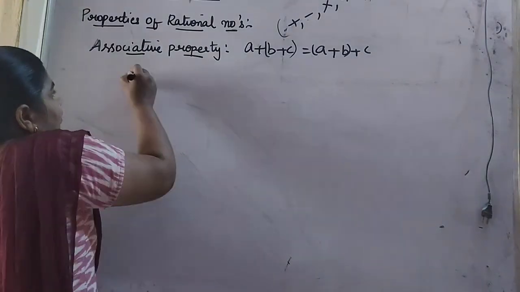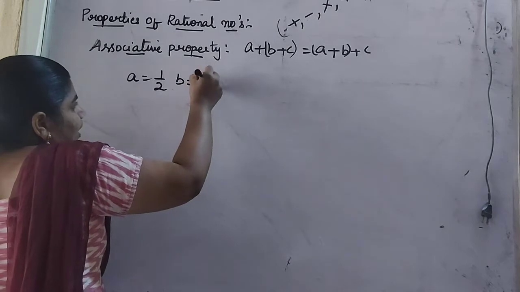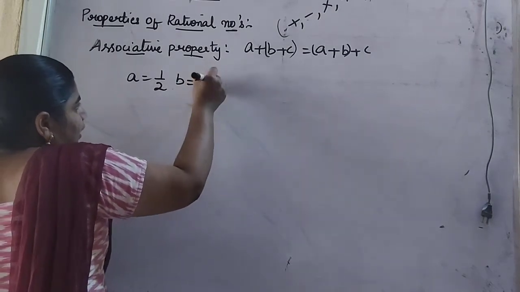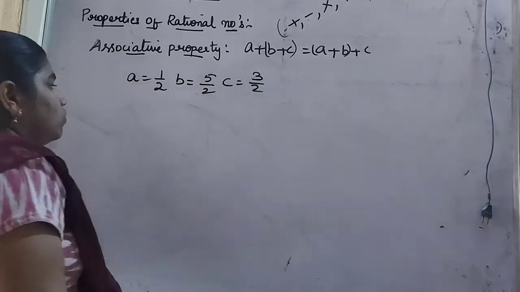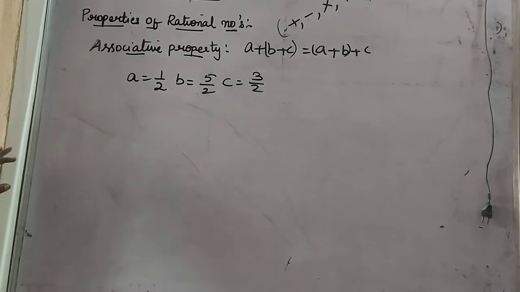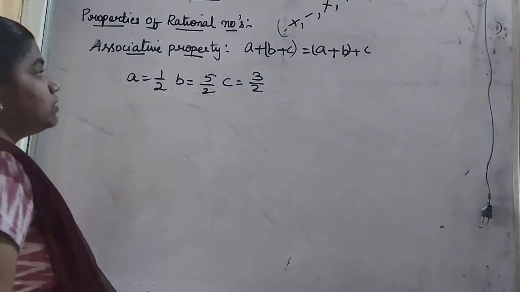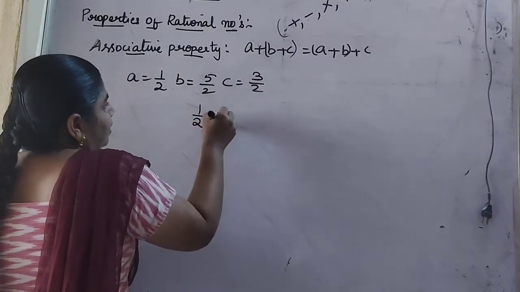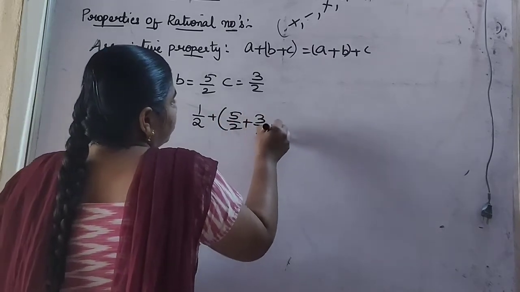Okay, so here A value I am taking as 1 by 2, B value is 5 by 2, and C value I am taking as 3 by 2. So whether it will be satisfied or not, we will see. So these rational numbers we have to substitute in this general form. That is, A value is 1 by 2 plus B value is 5 by 2 plus C value is 3 by 2.